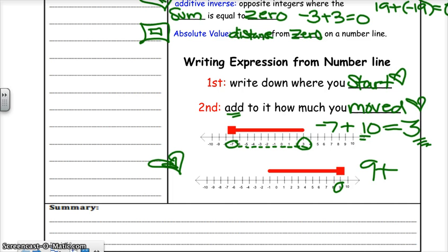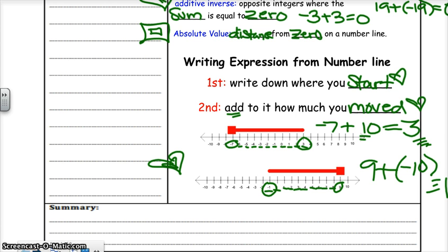How much did I move? 1, 2, 3, 4, 5, 6, 7, 8, 9, 10. I moved 10 spots. Did I move 10 positive spots or negative? Negative. So I add a negative 10. And the sum is equal to where I'm at. I am at negative 1.